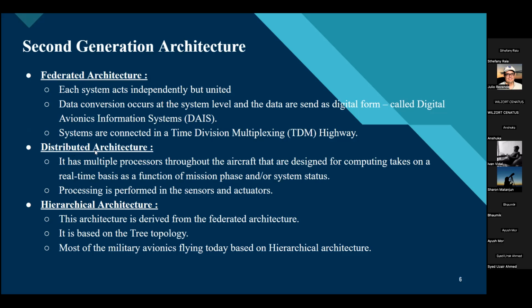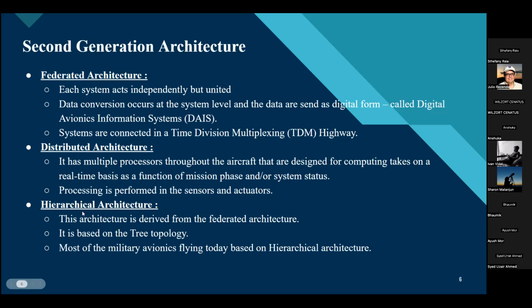Then the distributed architecture has multiple processors throughout the aircraft that are designed for computing on a real-time basis, as a function of mission phase or system status. The processing is performed in the sensors and actuators. So basically we had different components at different places, and each component had its own task given to it.